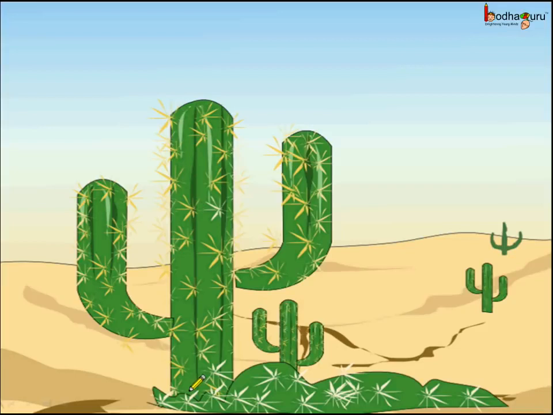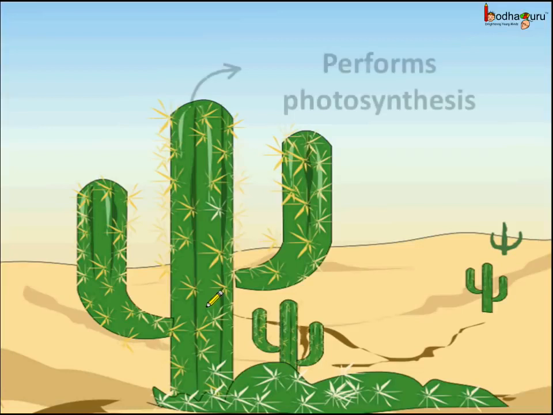Here we see these are the stems of the plant cactus. The stem here is green in color and flattened like a leaf. Why? This is because in cactus it is the stem which performs the photosynthesis process, meaning it can prepare food.